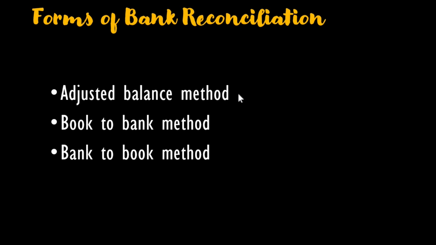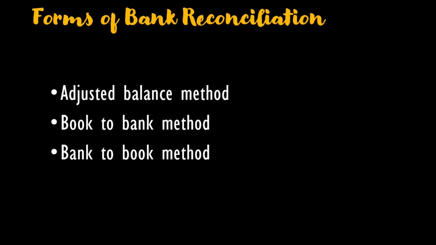So, for example kung ang question or ang problem, nagtatanong kung magkano ba dapat ang correct cash or amount of cash to be reported in your financial statement. So, dapat ang gamitin natin na method is yung adjusted balance method. Kasi yung outcome nito is really the correct cash balance.